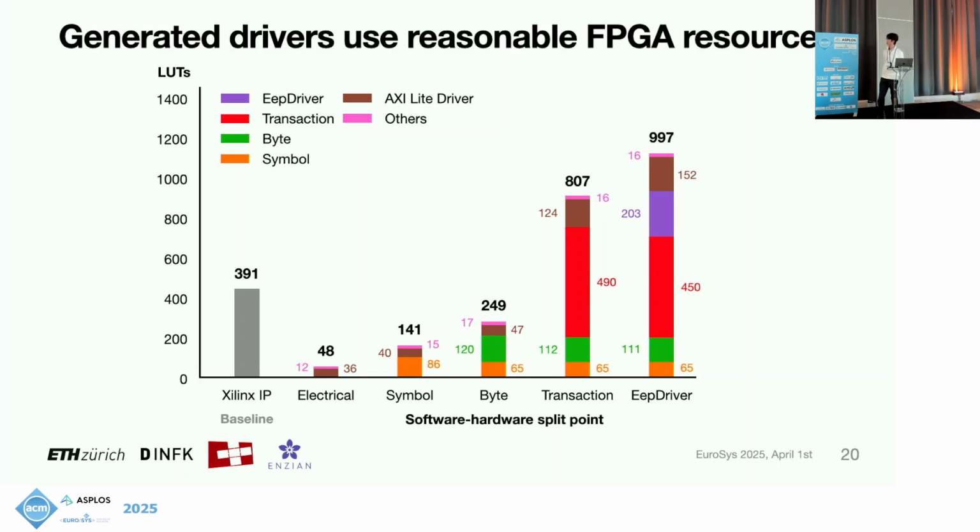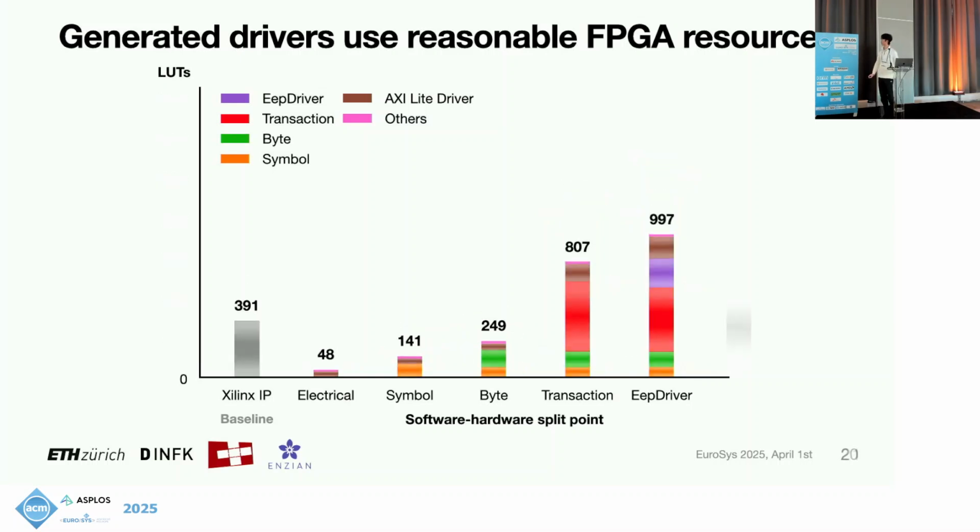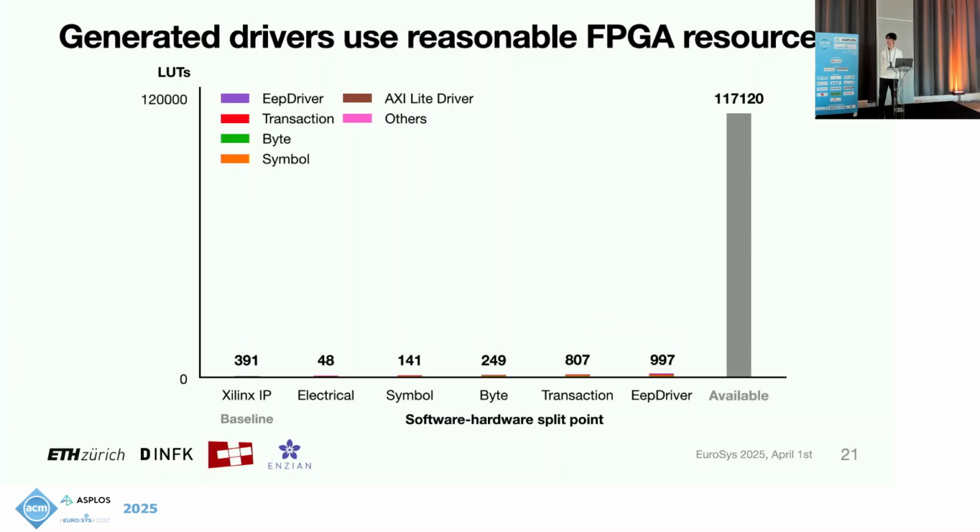So we believe this is a reasonable number when comparing a generated driver with an IP crafted by human experts. And although the difference looks big in absolute number, when comparing with the available resources on the board, all of them are just nothing. And even if we put the whole stack onto the FPGA, like on the rightmost, we consume less than 1% of the available lookup tables.